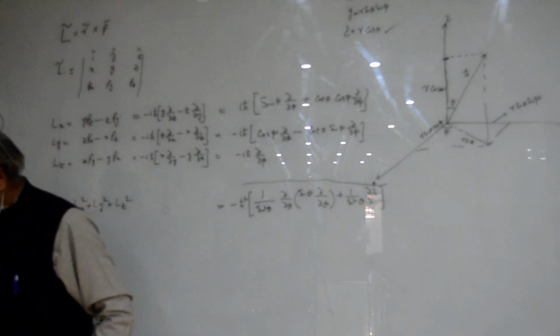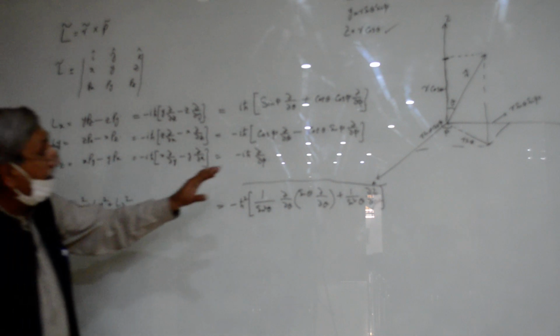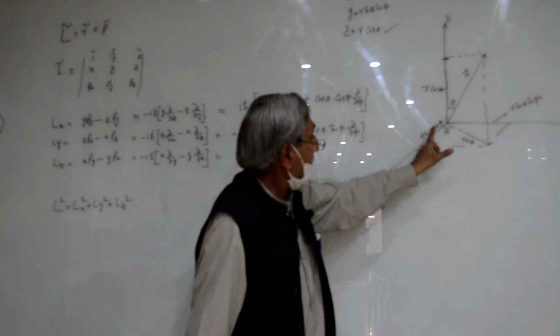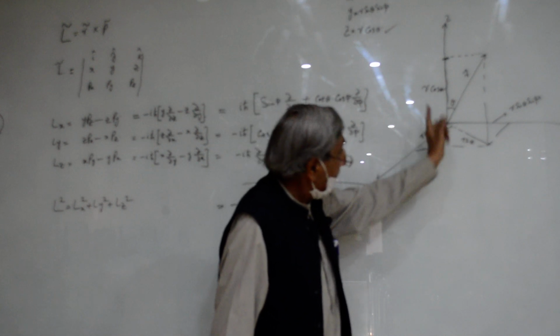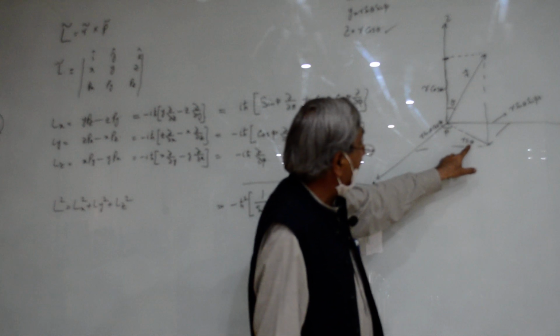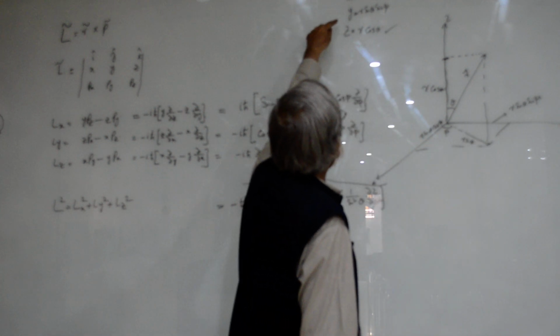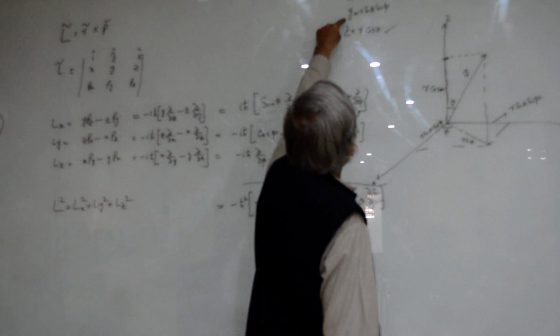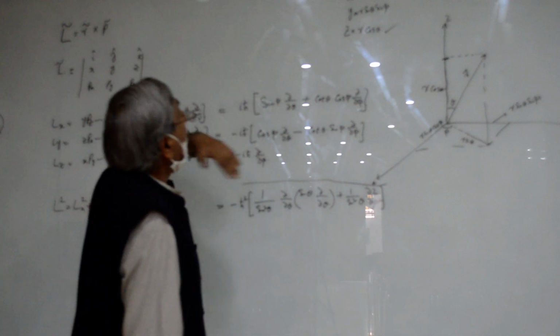In the xy plane there is R sine theta, and it is making an angle of phi there, and therefore its component here will be R sine theta cosine phi. And similarly, perpendicular to this will be R sine theta sine phi, that is y. Okay, so y is R sine theta sine phi, x is R sine theta cosine phi.